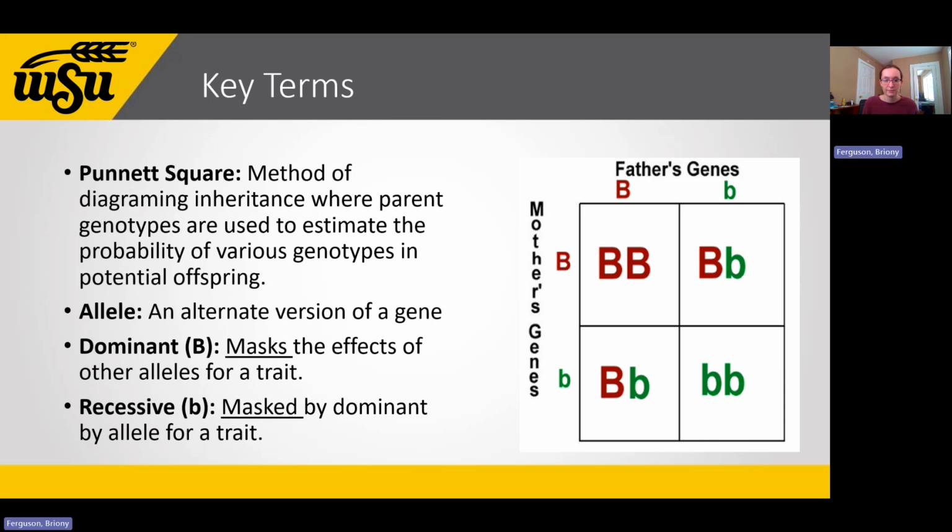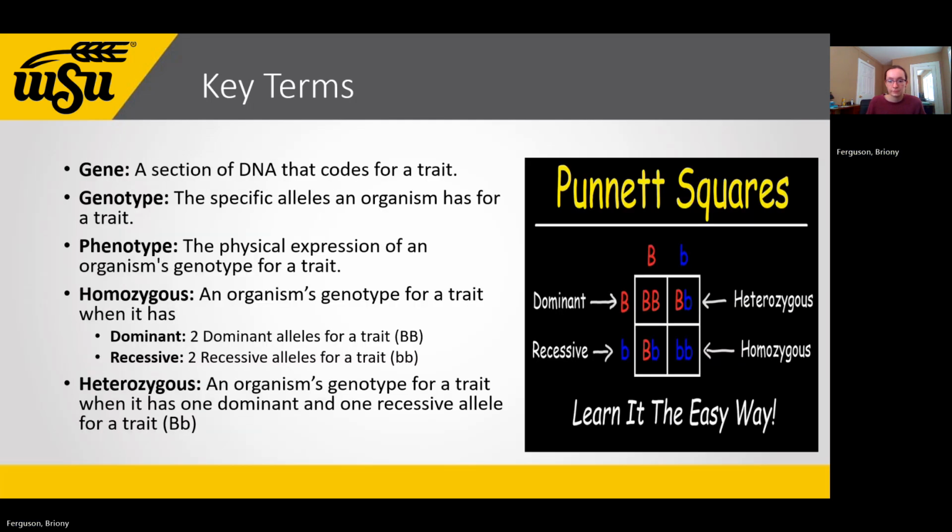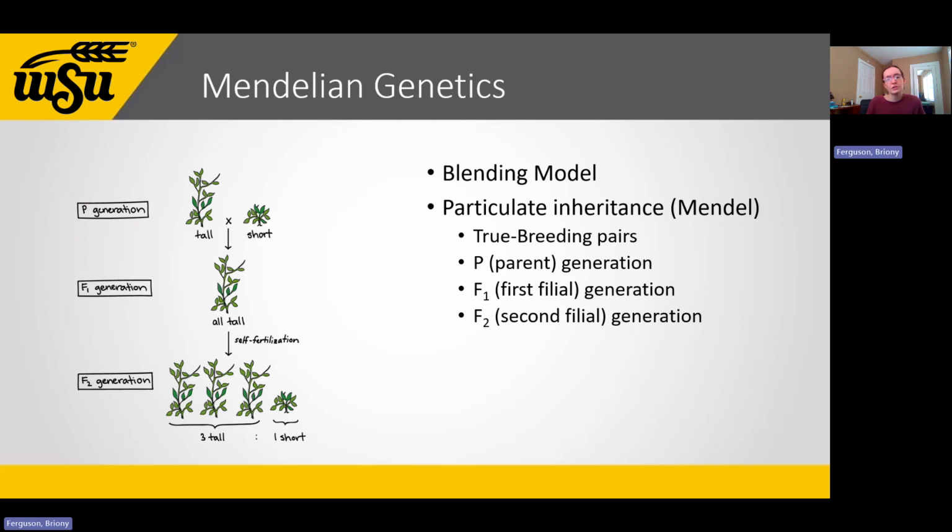These are going to be that P generation, and everything in this box is going to be your F1. Then you just do the same exact thing for the F2. When you do the Punnett square using the F1 generation as the parents, then everything that's within those boxes are going to be the offspring, or the F2 generation.